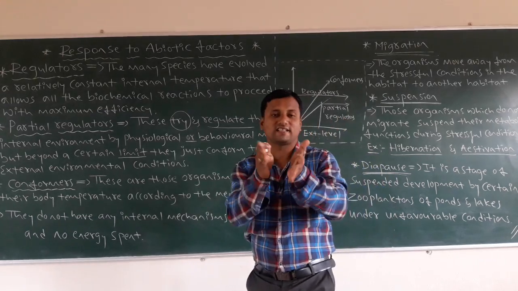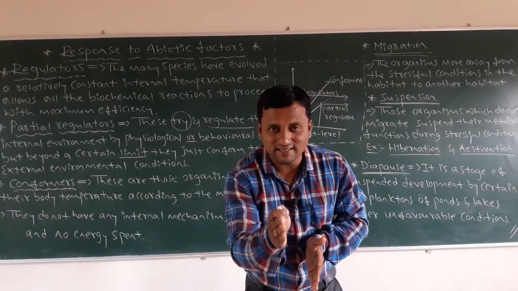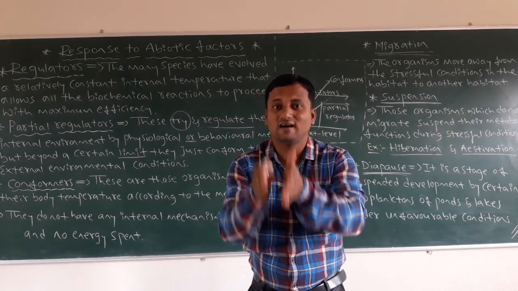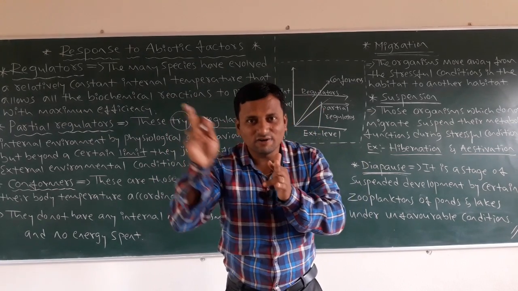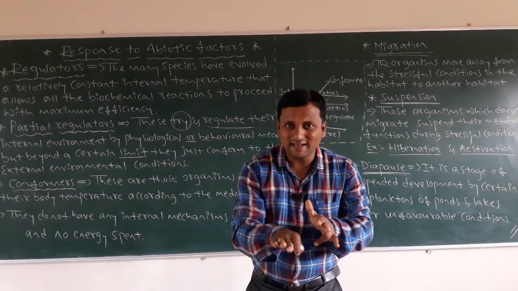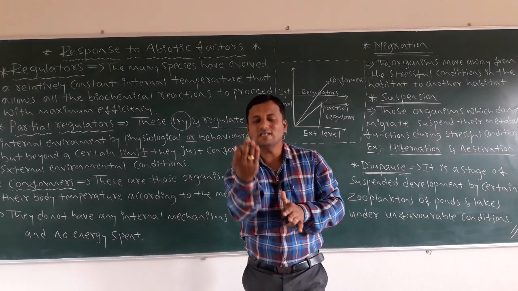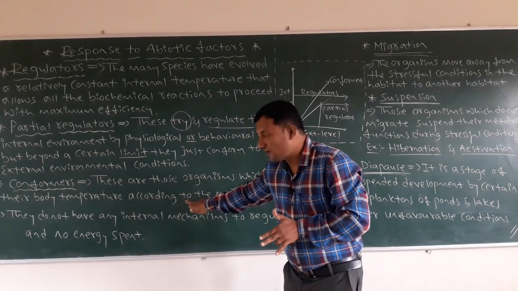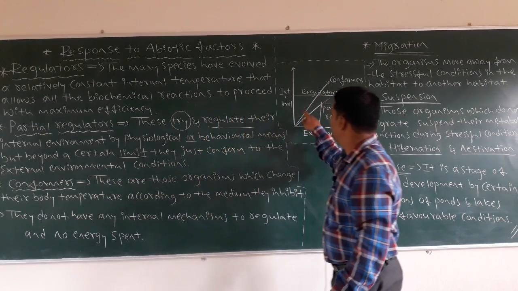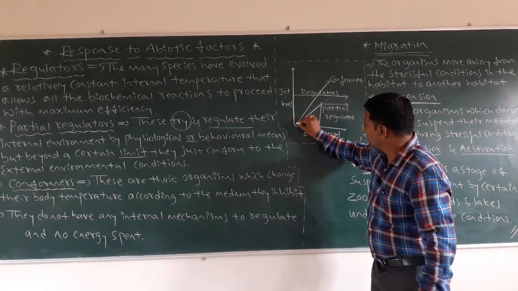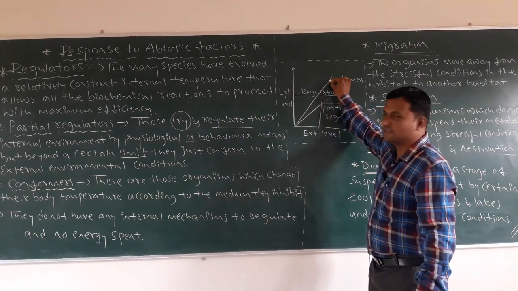Inhabit means where they are present, where they live. In that situation, based on the temperature of the medium, they give the response, and these types of organisms are called conformers. Think about it here: as the line goes up, the state increases.